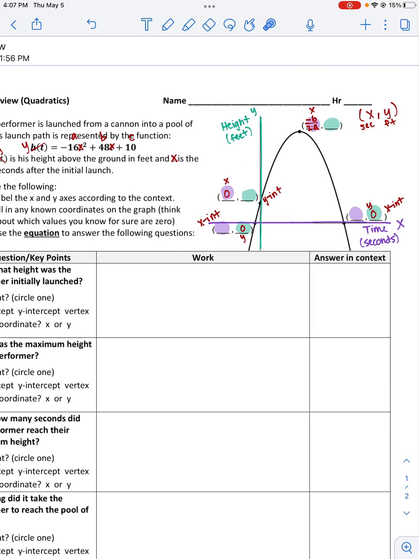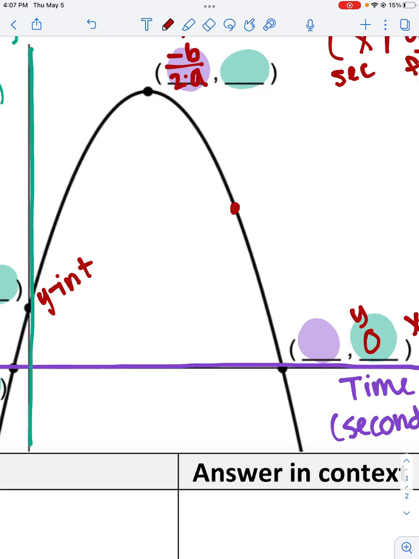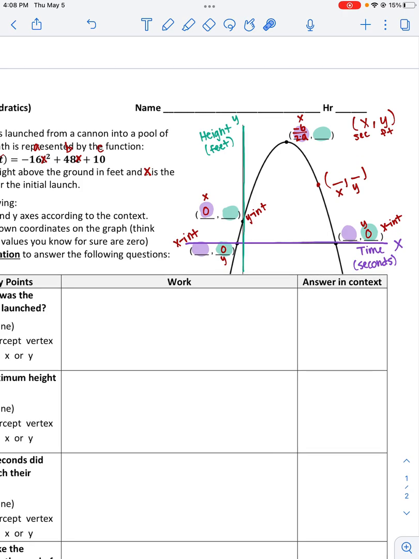And then for any point on the graph at all, even if I picked a random point and said here's some xy, if I knew one of these coordinates, I can always use the equation to find the other one.